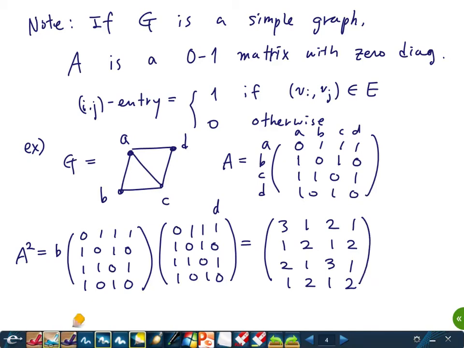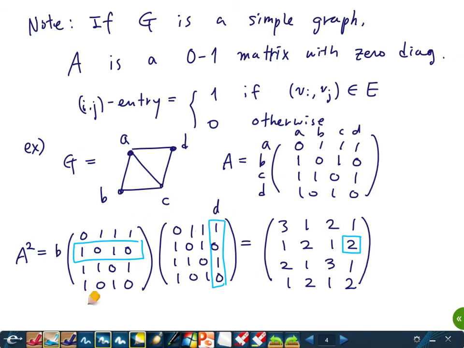So let's focus on this entry, B comma D, in this square matrix, A squared. How can we compute this? Basically, we take the dot product of this vector and this vector, right? Dot product means you multiply the corresponding entries and then add the result.